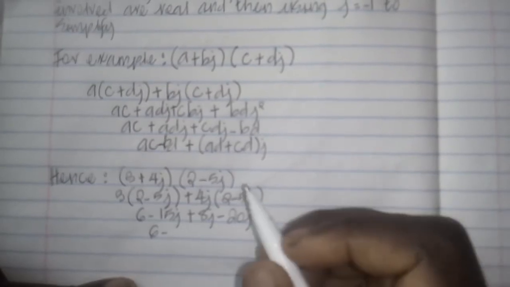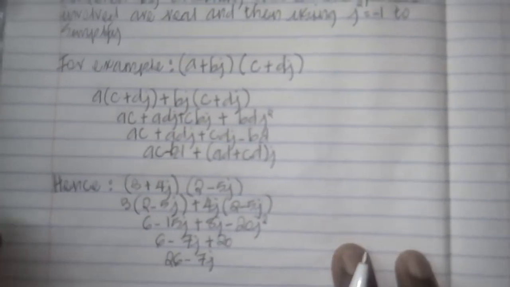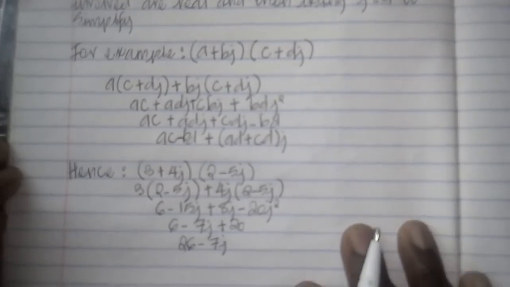Once again, we know that j squared is minus 1, so this will simplify as 6 minus 15j plus 8j, which is minus 7j, minus minus 20, this will be plus 20, so 20 plus 6 will be 26 minus 7j. That's it.